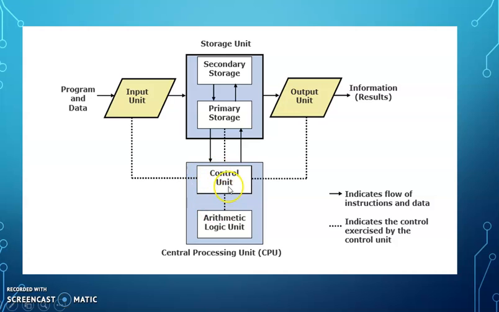Once the processing is done, the final result will also be stored in storage unit, and the final result will be sent to output unit, and through output unit for users all results will be displayed. This is in a very broad way what we have seen.